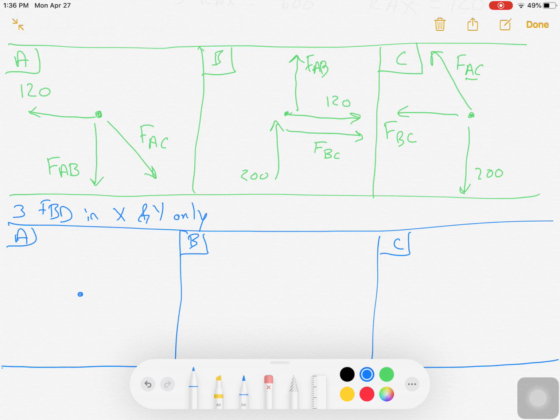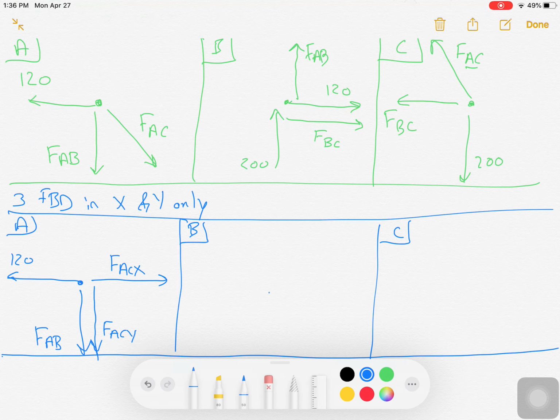So I'll come here. The 120 is already entirely horizontal, so I'll leave it. Force AB is entirely vertical, so I'll leave it. And force AC goes down and to the right. So I'm going to make an arrow that goes down and an arrow that goes to the right. The down one is force AC's Y component, and the right one is force AC's X component.